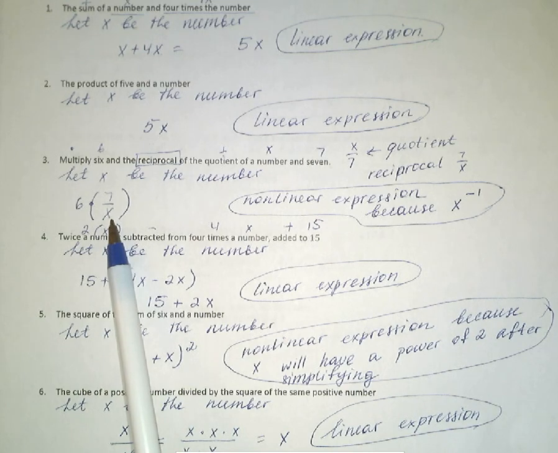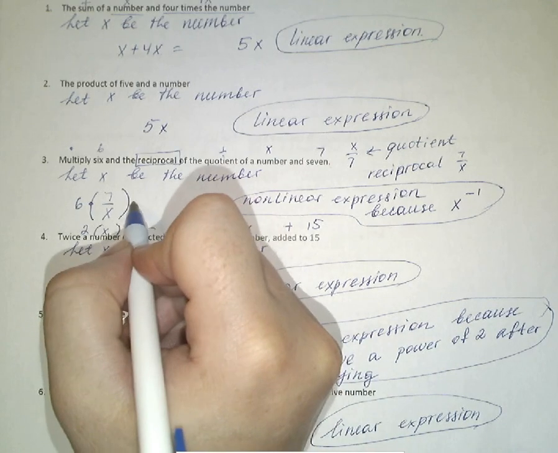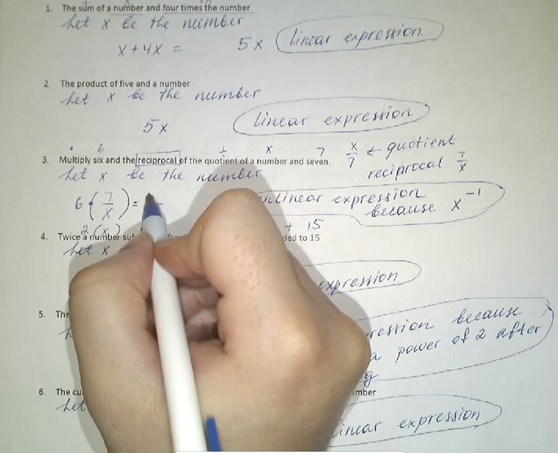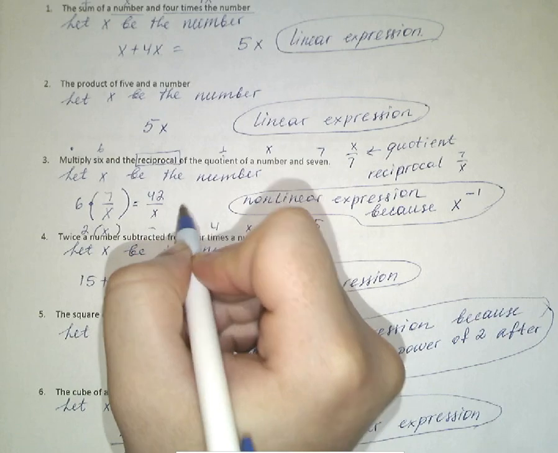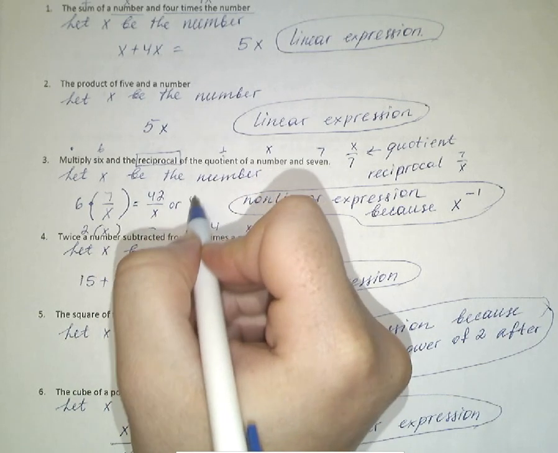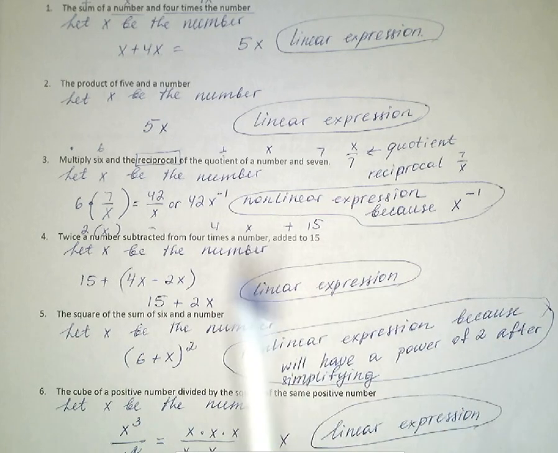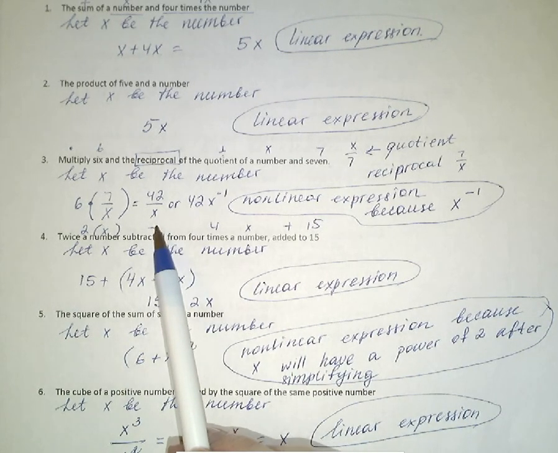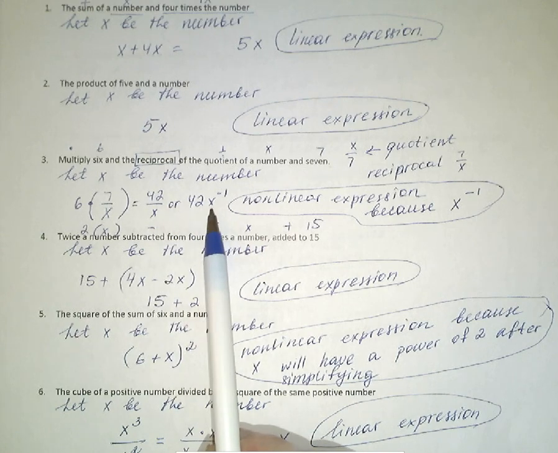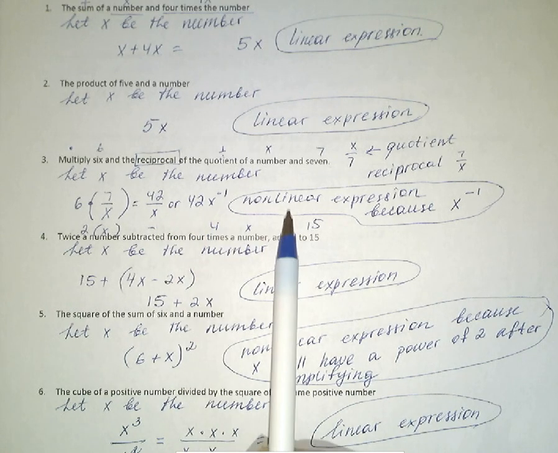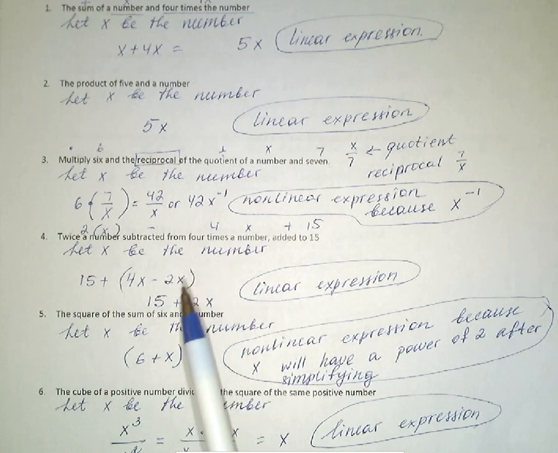That is actually a nonlinear expression because if I simplified it further, I would have 42 over x, or 42x to the negative first power. When we have x in the denominator, it means that x has a negative power. So 42 times x to the negative first is a nonlinear expression.